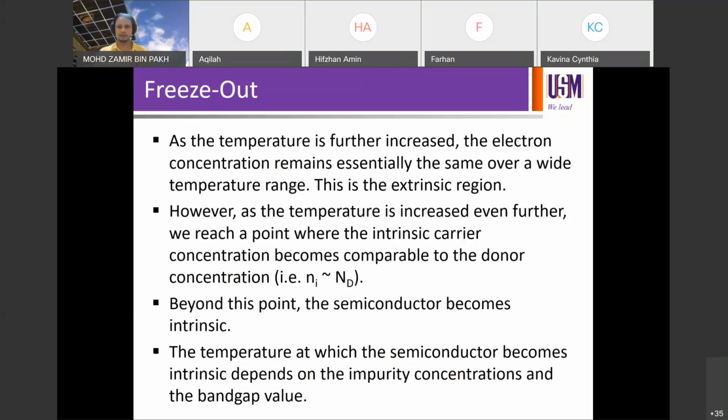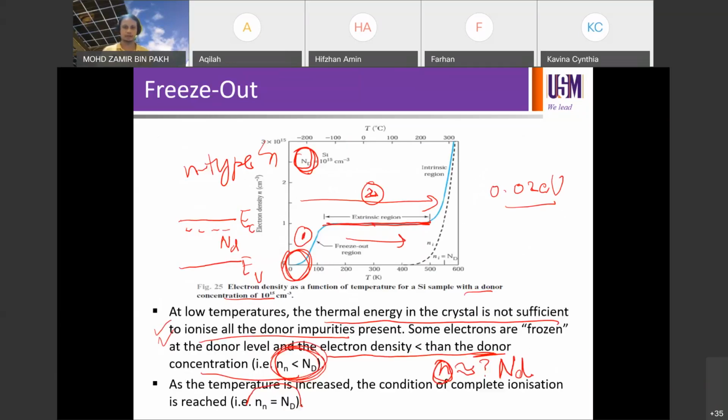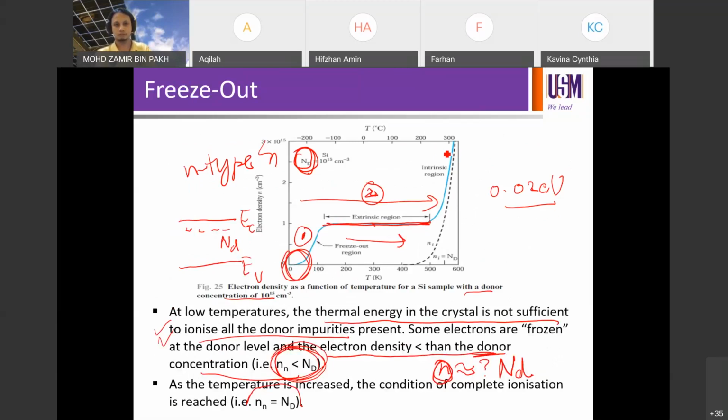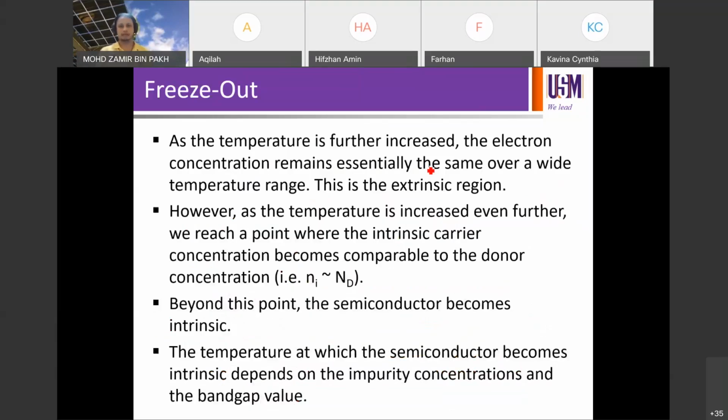However, as the temperature is increased even further, we're now getting into region number 3. As the temperature is increased further, we reach a point where the intrinsic carrier concentration becomes comparable to the donor concentration.